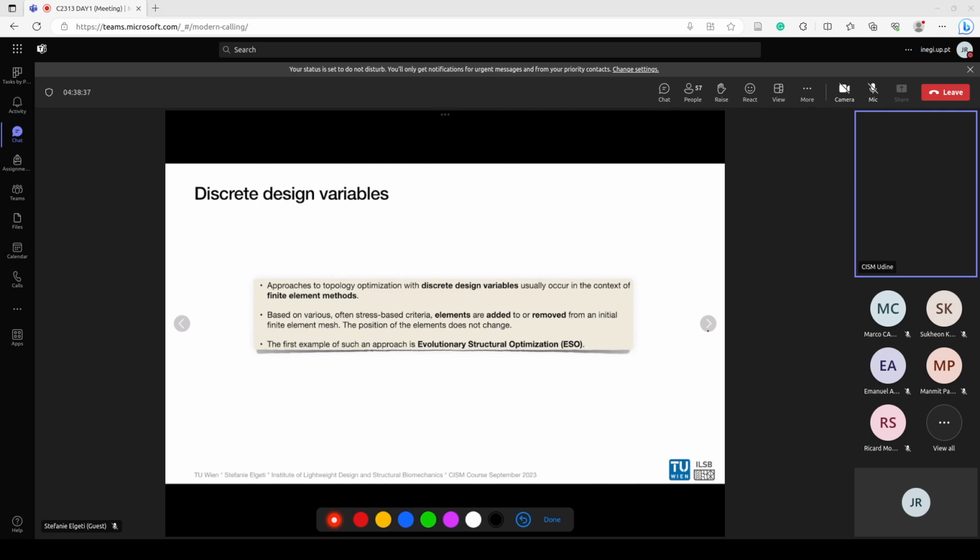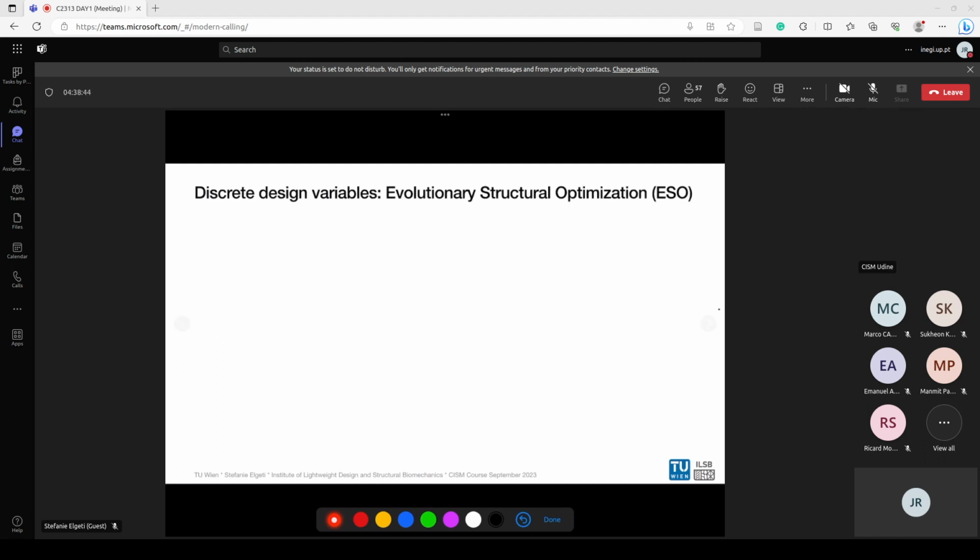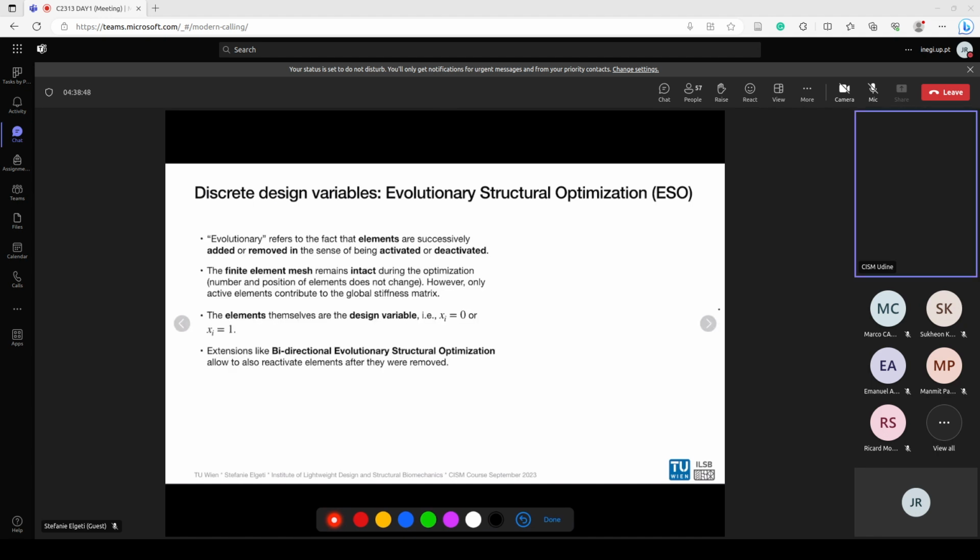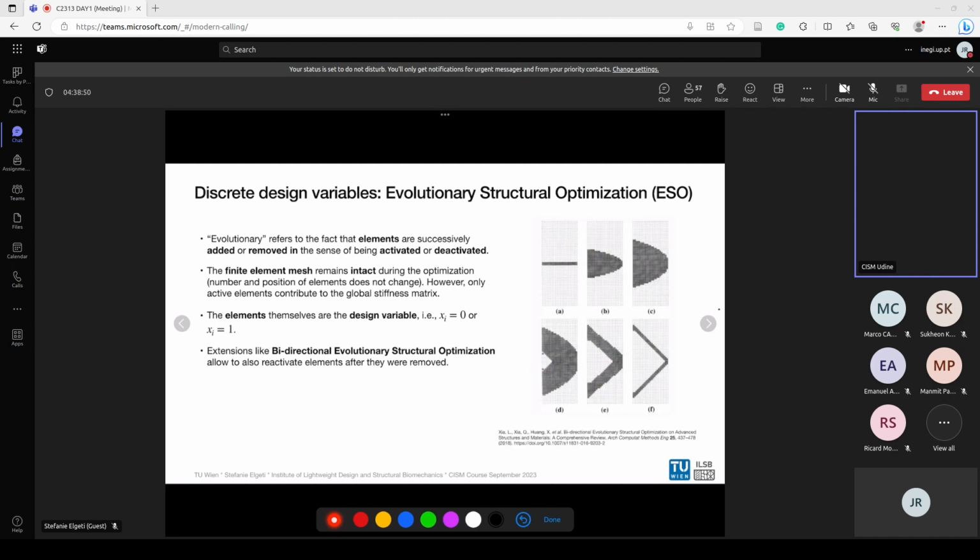And the first example of such an approach was evolutionary structural optimization. So here evolutionary refers to the fact that the elements are successively added or removed, in the sense of activated or deactivated.